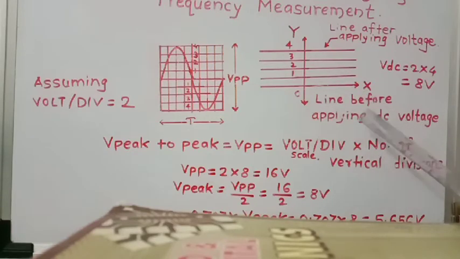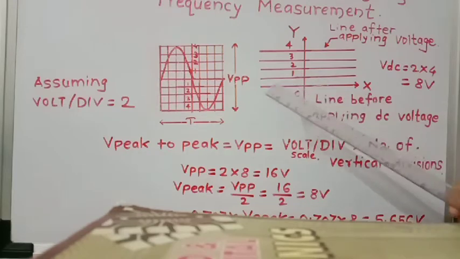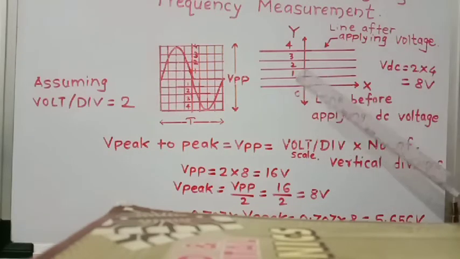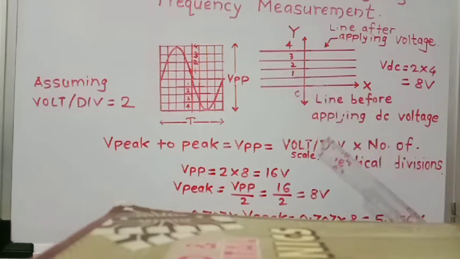So before applying the DC voltage, the horizontal line which is obtained on the CRT is adjusted on the x-axis.